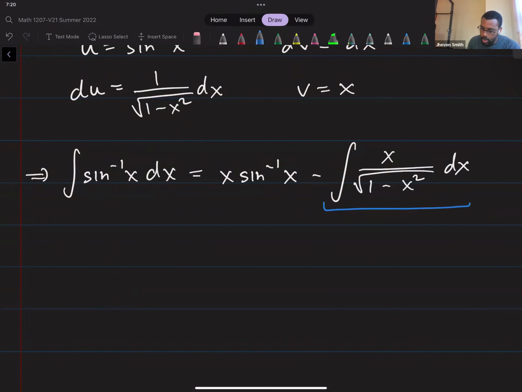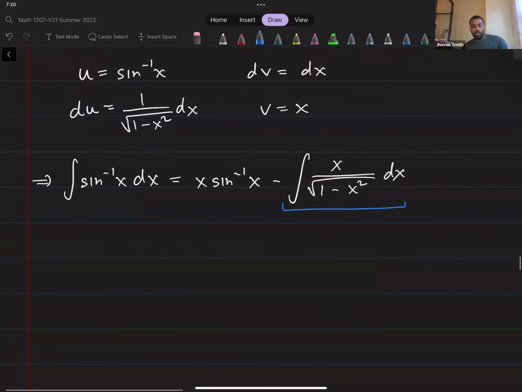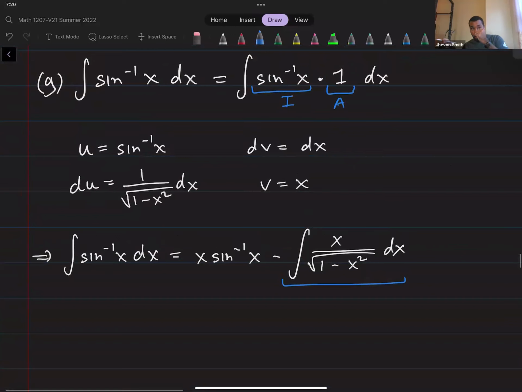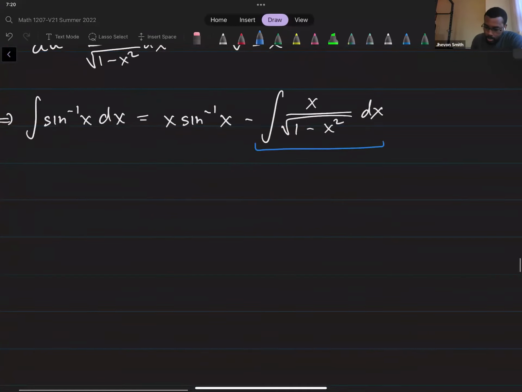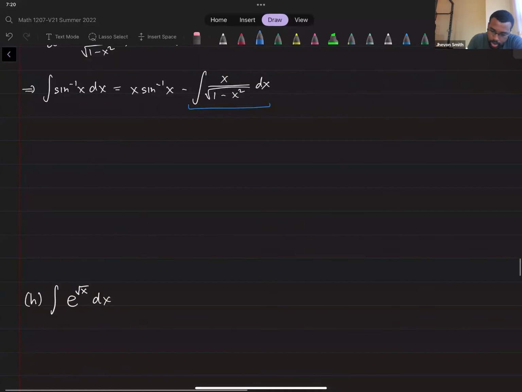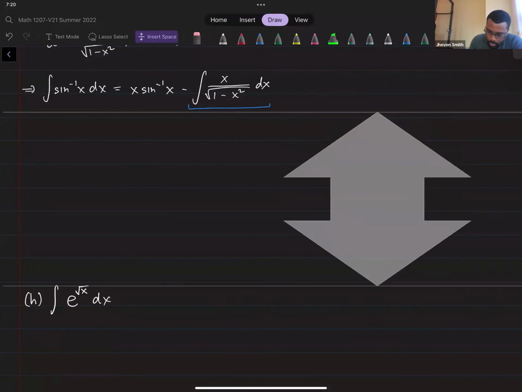Right, and how do we do this integral? I did a u sub with 1 minus x squared. Okay, you can do a u sub with 1 minus x squared. You could even do something a little bit nicer.